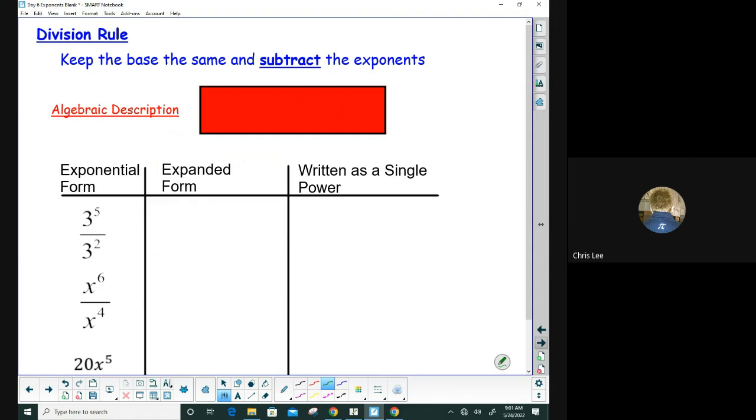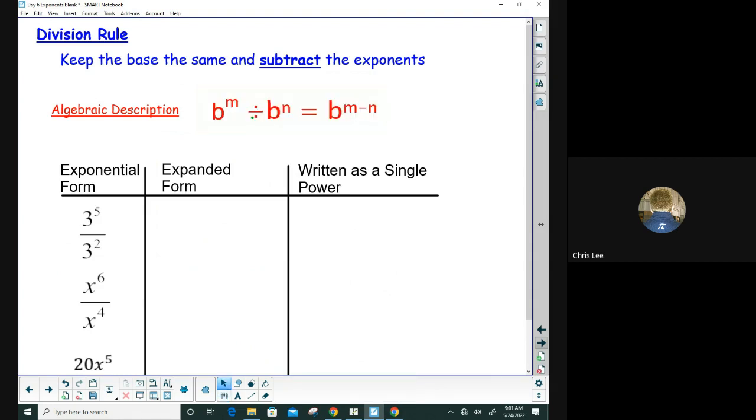Any guesses of what I do when I divide powers with the same base? I keep the base and do what to the exponents? Subtract them. It's written right up here. It's not surprising, because division is the opposite of multiplication.